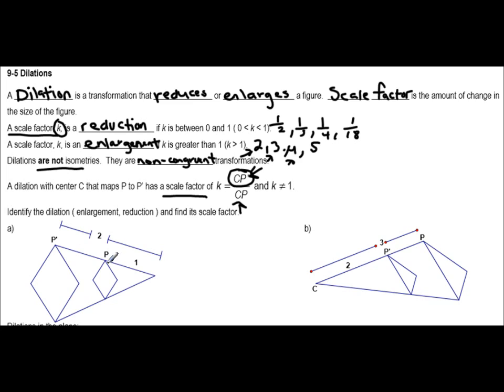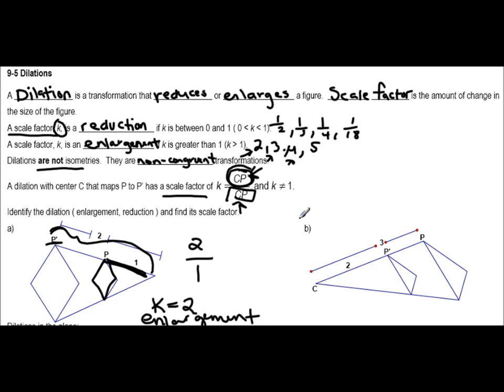So here, the original diamond has a size of 1, and the dilated image, P prime, has a size 2 times bigger. So we take the image size, P prime, 2, over the pre-image's size, P, 1. So the scale factor is 2, so clearly this was an enlargement.